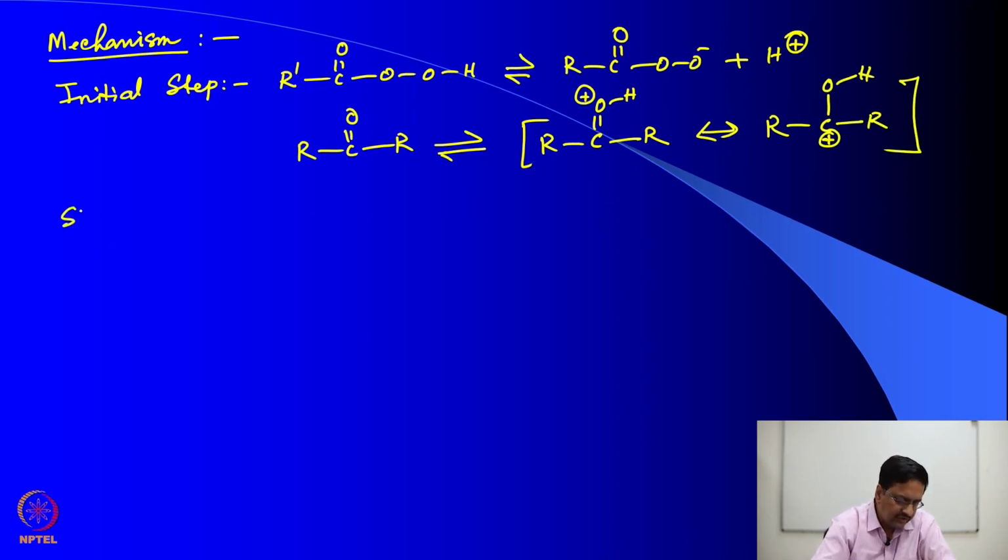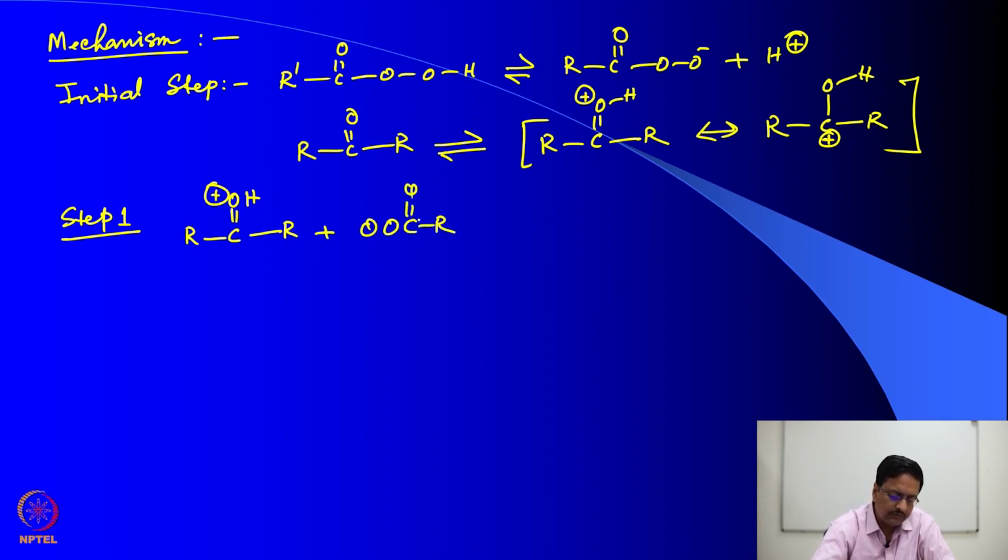Then in step 1, this adduct reacts with the peroxy anion such that the anionic part attacks the electron deficient carbon and the C double bond O breaks to form this reaction intermediate.